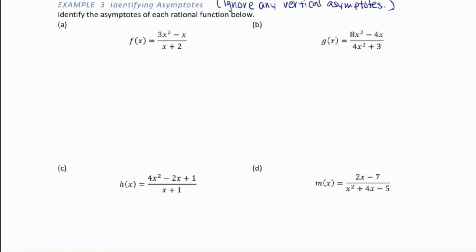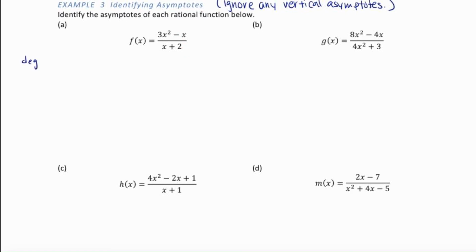It would be a good exercise to independently try to find the vertical asymptotes for each of these rational functions. So let's start with part A. F of x equals (3x squared minus x) divided by (x plus 2).